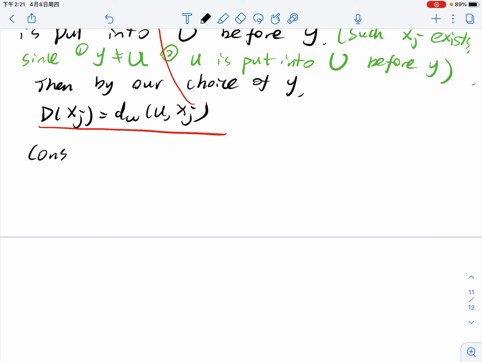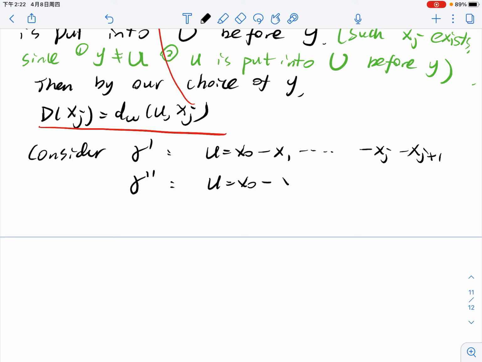Then consider gamma prime, the part of gamma up to x_{j+1}, and gamma double prime, the part up to x_j.